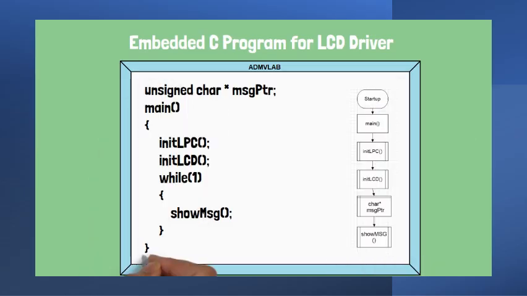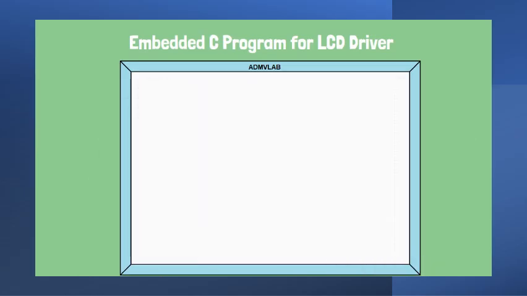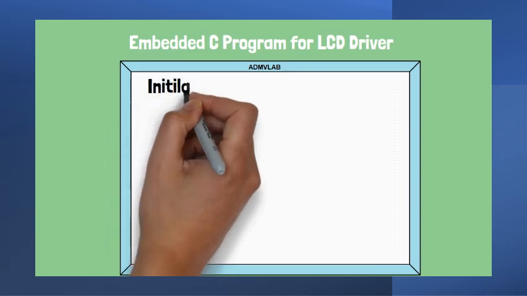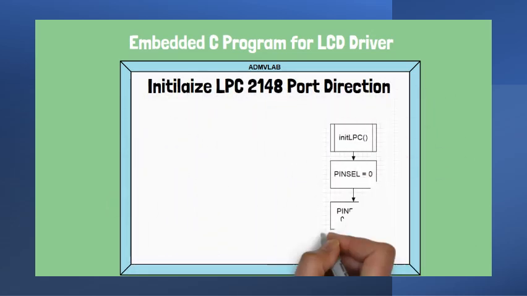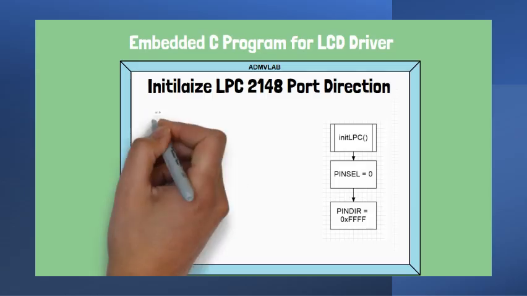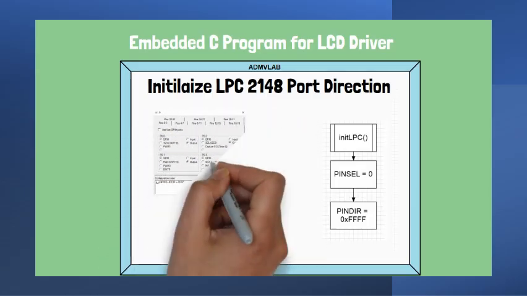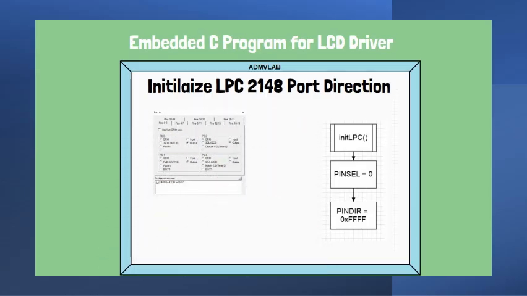On reset, all ARM7 registers are set to 0. This includes the general purpose I/O ports also. The I/O pin select and I/O direction registers are also reset. Hence the first step is to configure the required number of port pins as output.